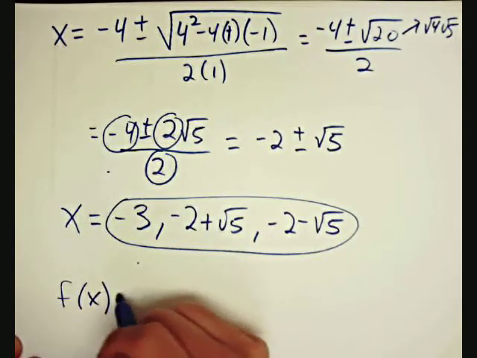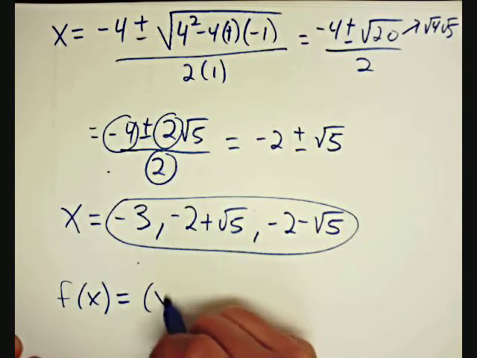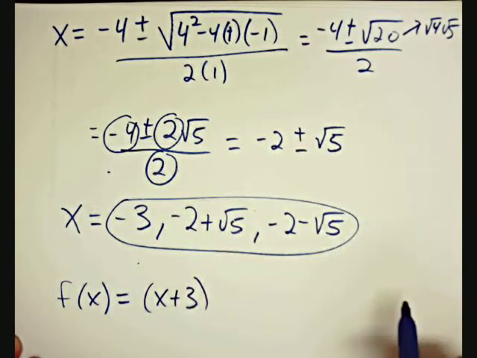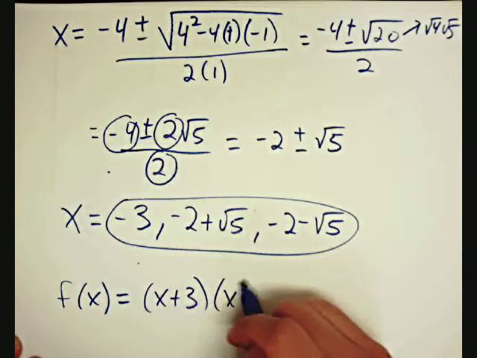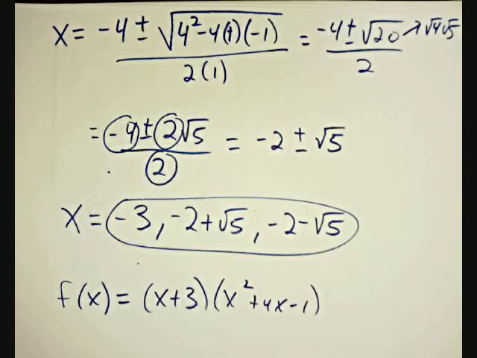Well, factored form, we want to use our zeros. Okay, so negative 3, again, if you add 3, that gives you x plus 3. And our second factor that we wrote right after synthetic division, x squared plus 4x minus 1. So there's how to write the function in factored form.